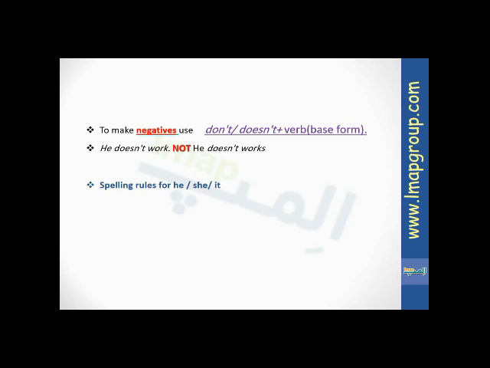He doesn't work, not he doesn't works. As I told you, همونطور که بهتون گفتم هر وقت توی یک جمله does داشتید دیگه اس سوم شخص نباید به فعلتون چسبیده باشه. پس میگیم he doesn't work، نمیگیم he doesn't works. Okay? He doesn't work.